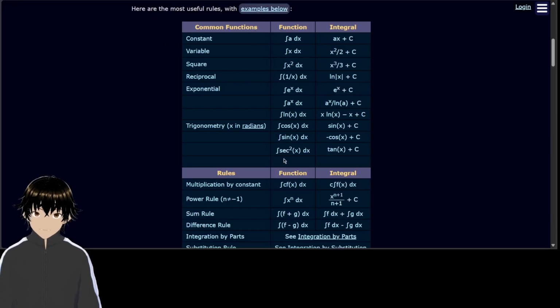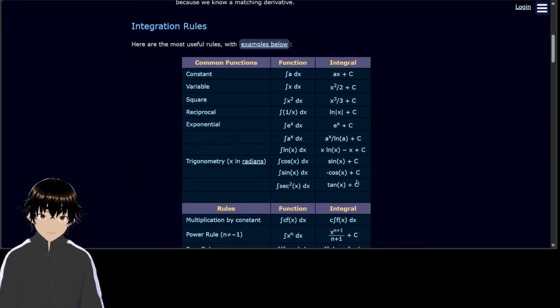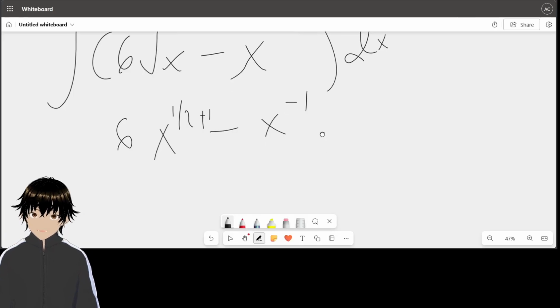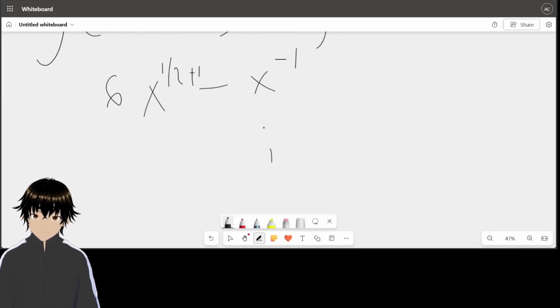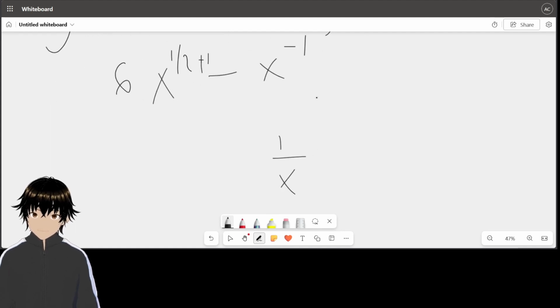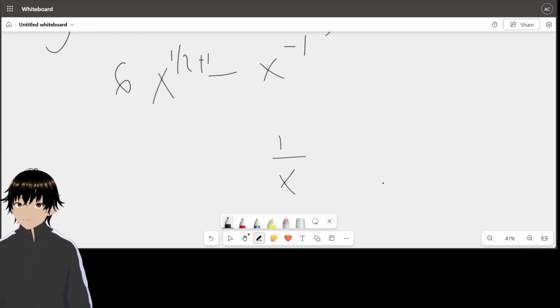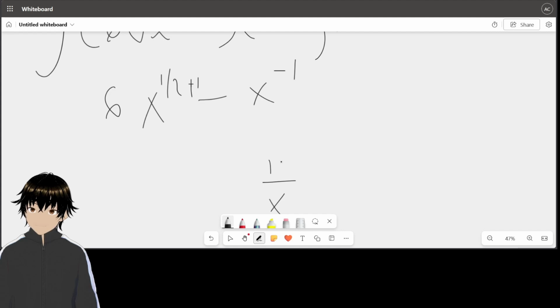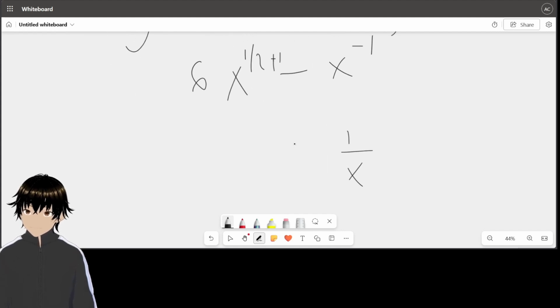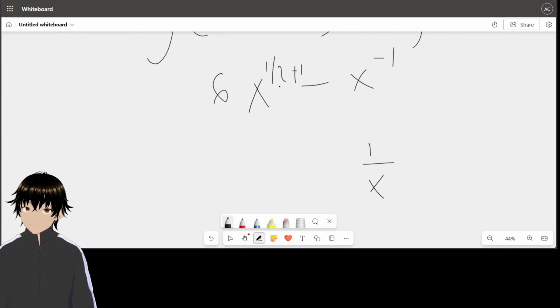So the rule is whenever you see, okay, it makes sense now because this is going to be rewritten as 1x. This is -1. An x with an exponent of -1 is going to be written as 1 over x. Hold on.